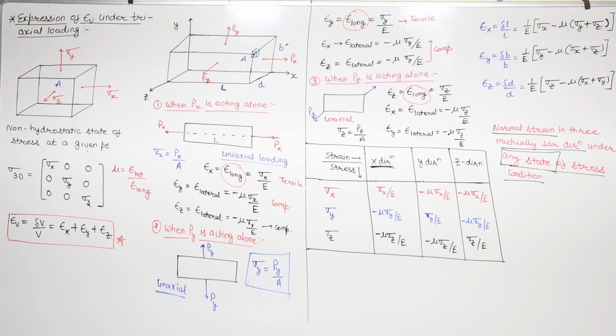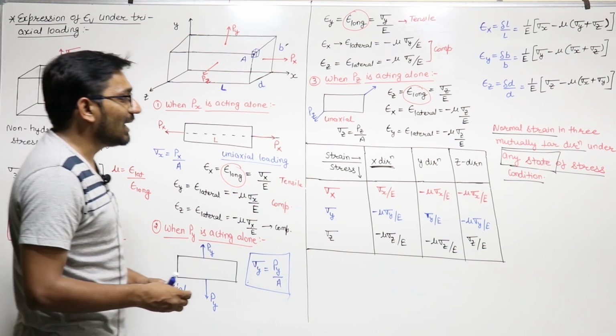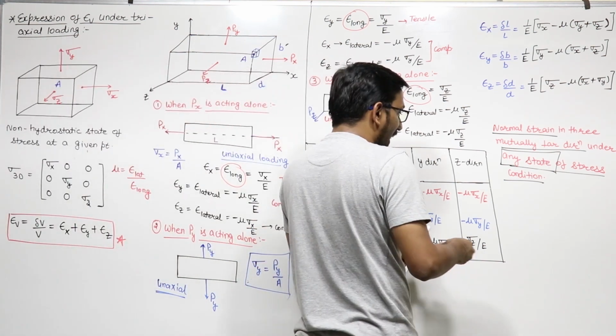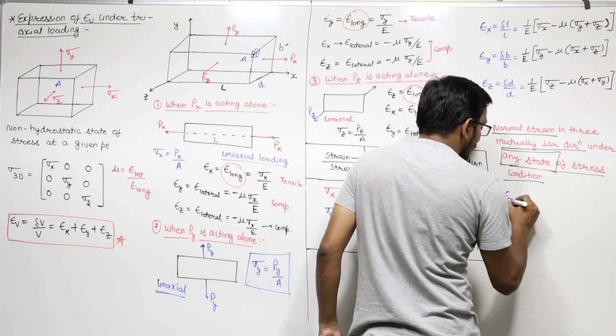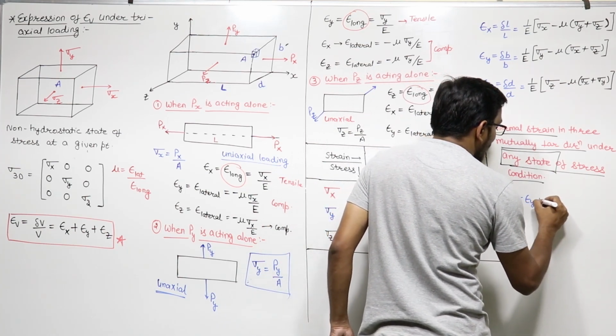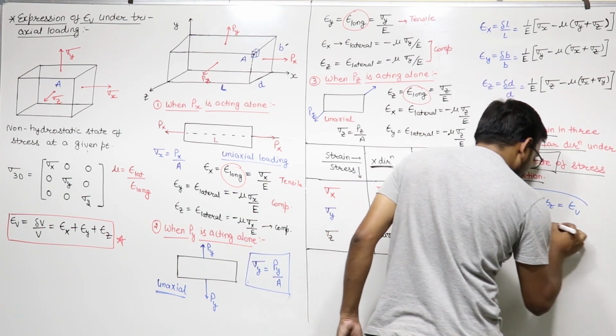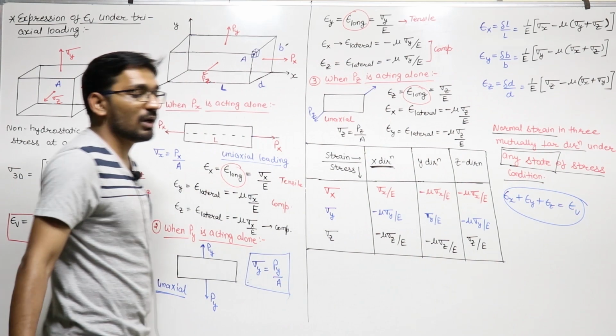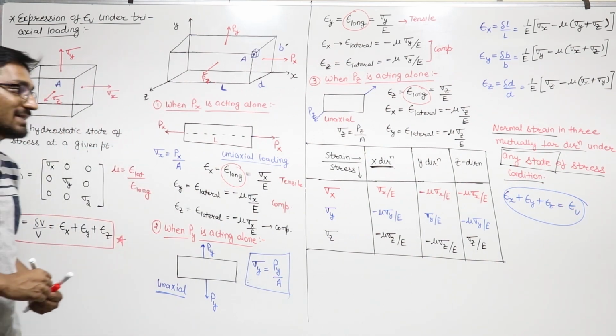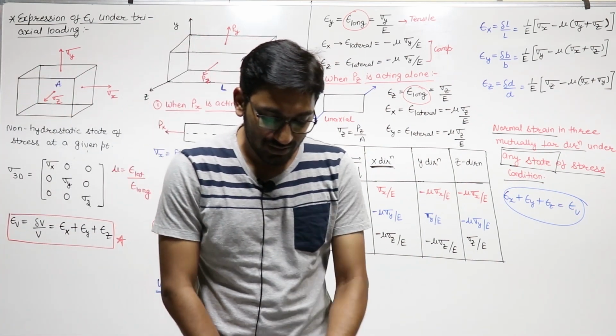And we know that the summation epsilon x plus epsilon y plus epsilon z will be equal to volumetric strain, right?